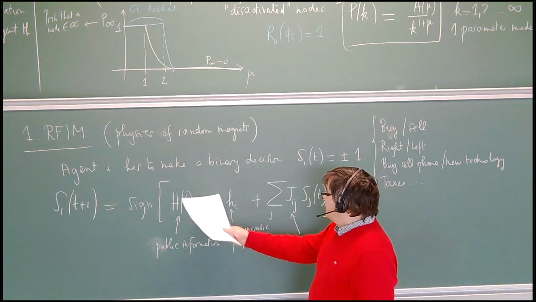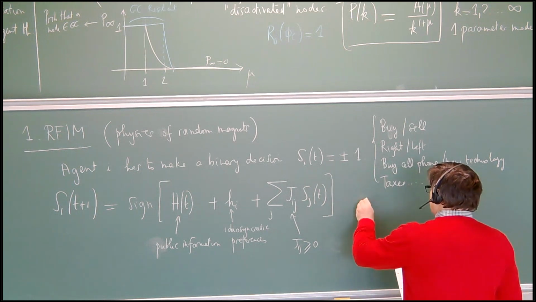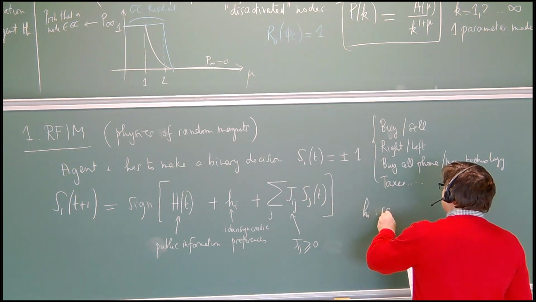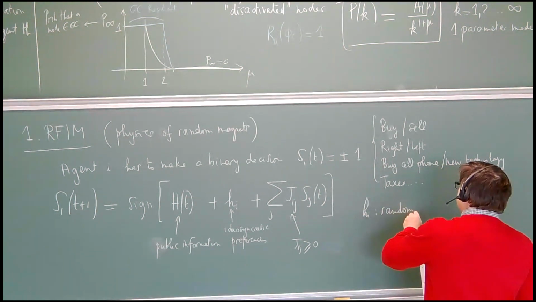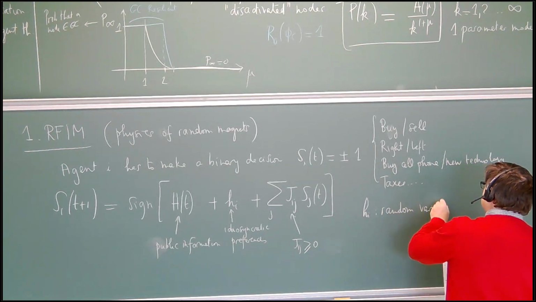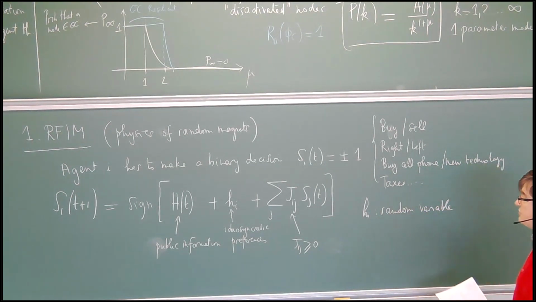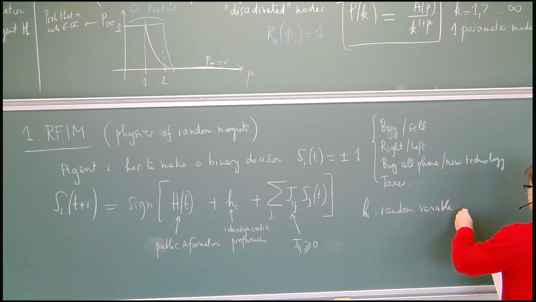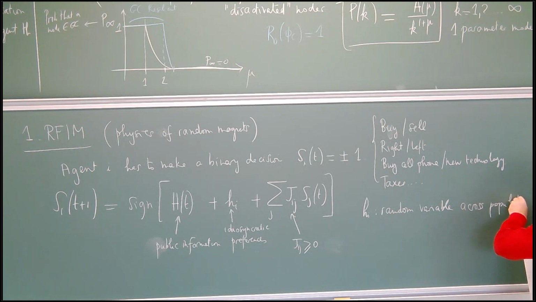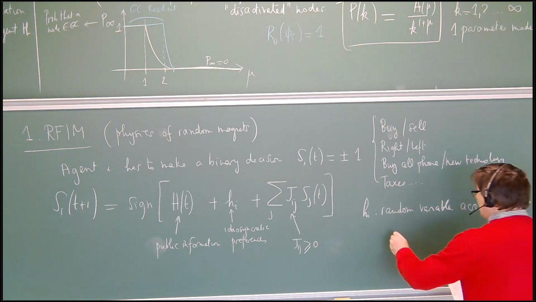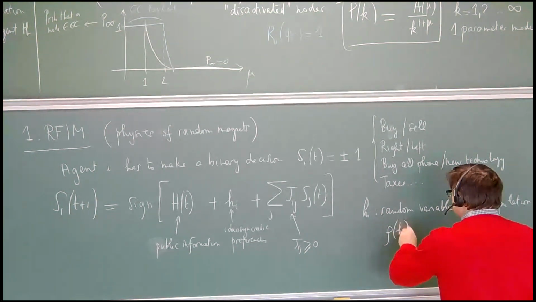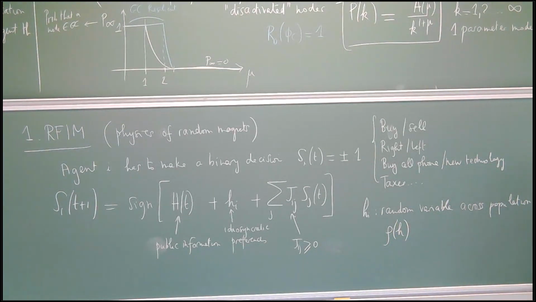So h_i will be a random variable, but random not in the sense of time dependent, but random across the population. And it's going to be distributed according to some rho of h.